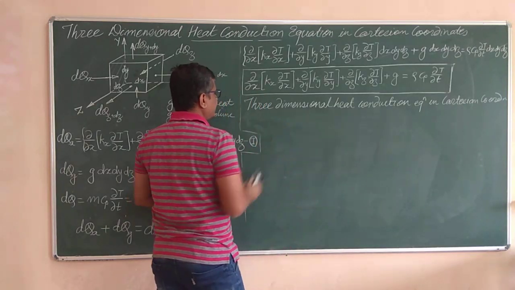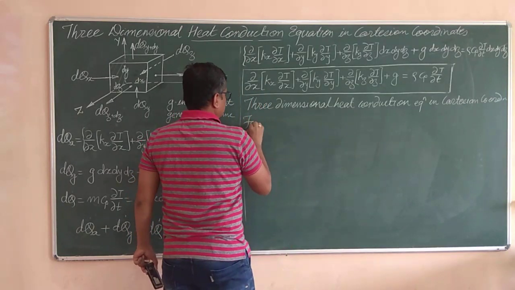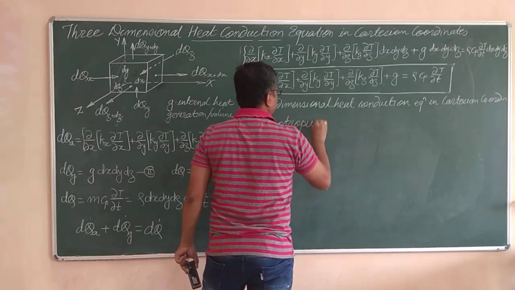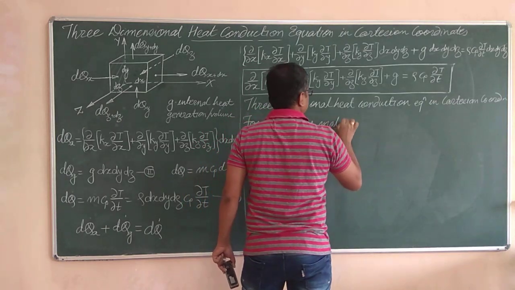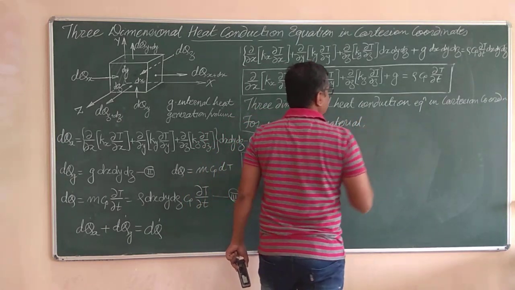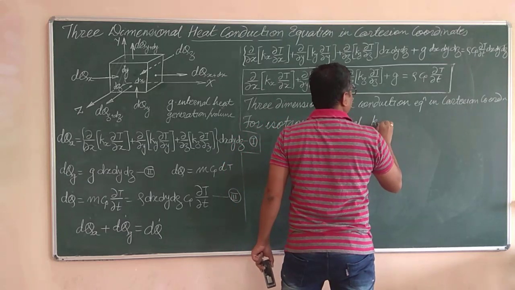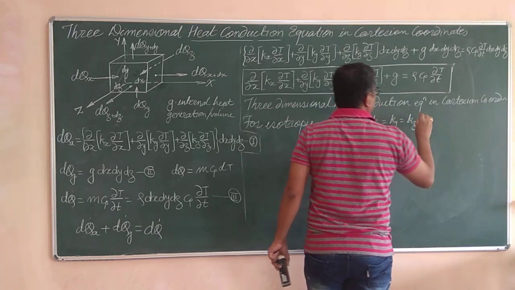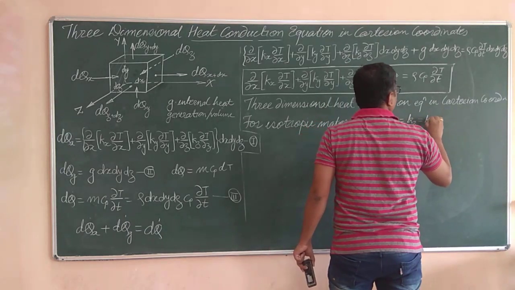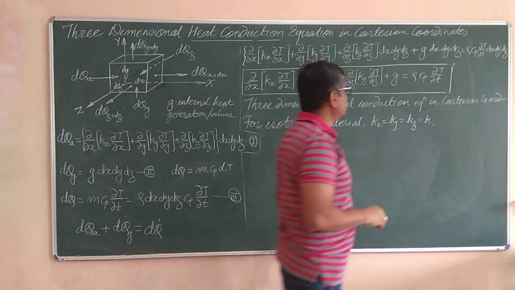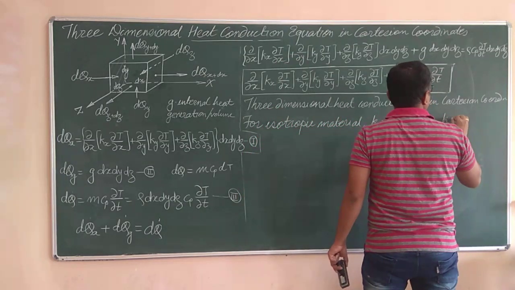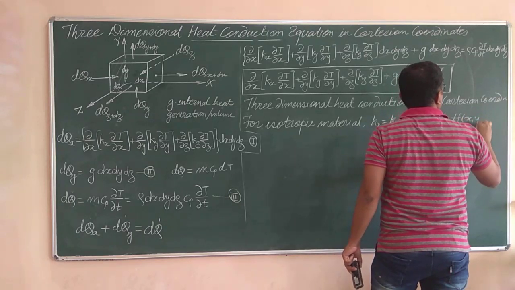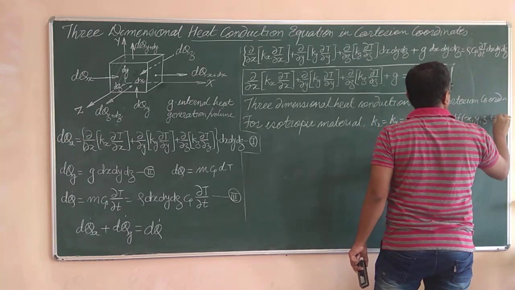For an isotropic material, the value of kx is equal to the value of ky is equal to the value of kz, and let us say that is equal to k. And one more thing I am going to consider, that k is not a function of x, nor y, nor z, nor time, nor temperature.